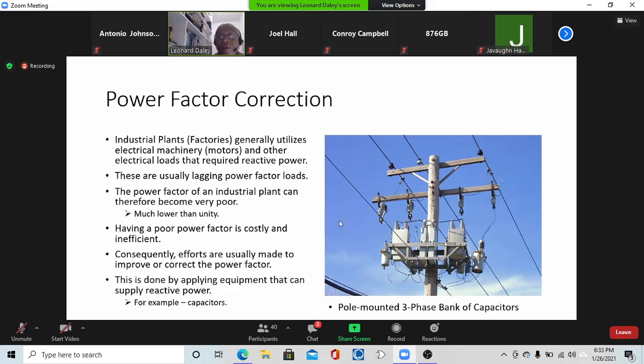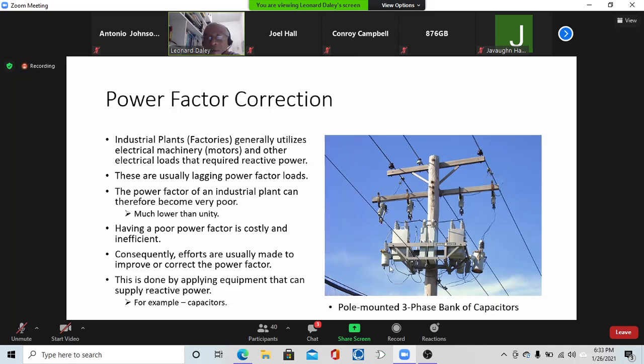All right. Now, one equipment that is used is a capacitor. All right. And I'm showing you some capacitors. So this will be a bank of 3 capacitors on a power line. These cylindrical cans are transformers.